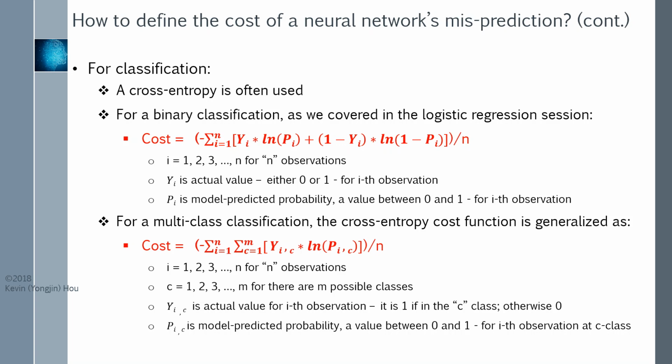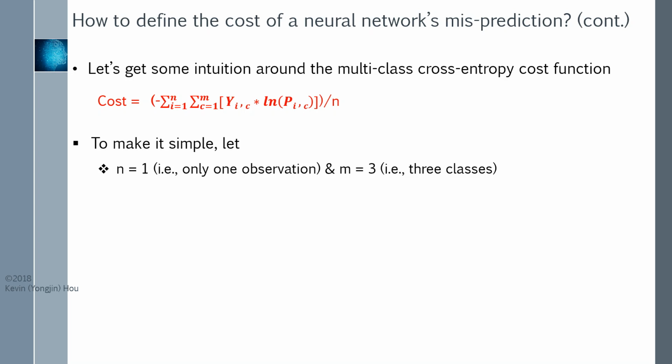How do we make sense of it? Let's get some intuition around the multi-class cross entropy cost function. Again, this is the original formula. To understand it, let's take a very simple example. Let's assume we only have one observation, and in our particular case m equals 3, meaning there are only 3 potential classes the outcome can fall into.